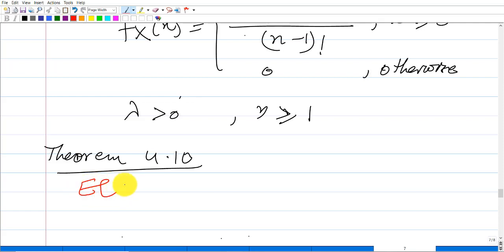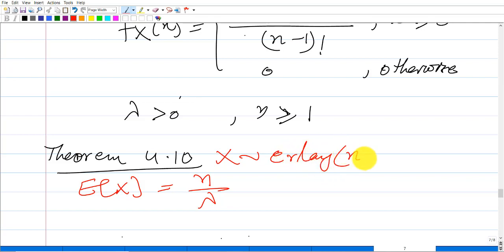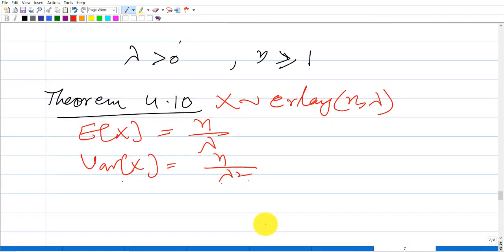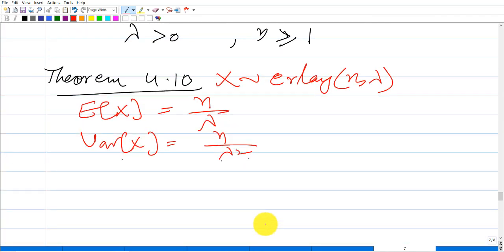It says that the expected value of x, if x is Erlang (n, lambda), is n over lambda, and the variance is defined as n over lambda squared. So we don't have to go through long integration and everything to find out these properties.